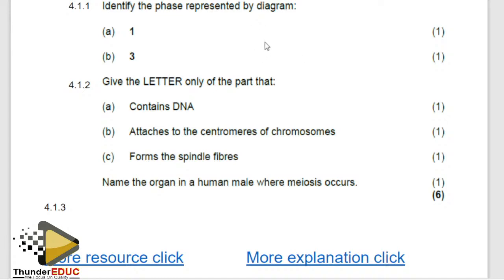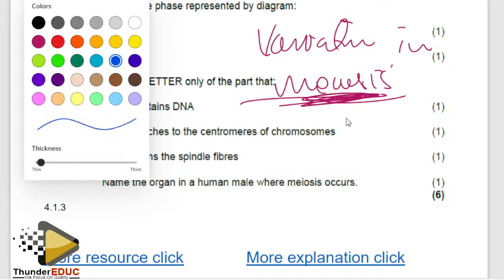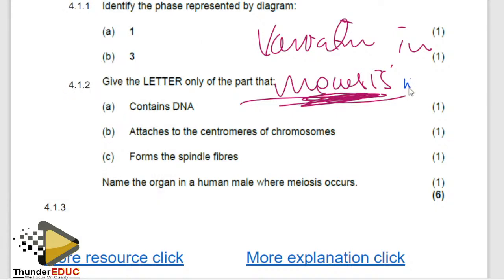Give two causes of variation in meiosis. Guys, they are saying in meiosis, they're not talking about the causes of variation in general. So what are you supposed to talk about here? You talk about the random arrangement of chromosomes during metaphase, and also crossing over during prophase 1.